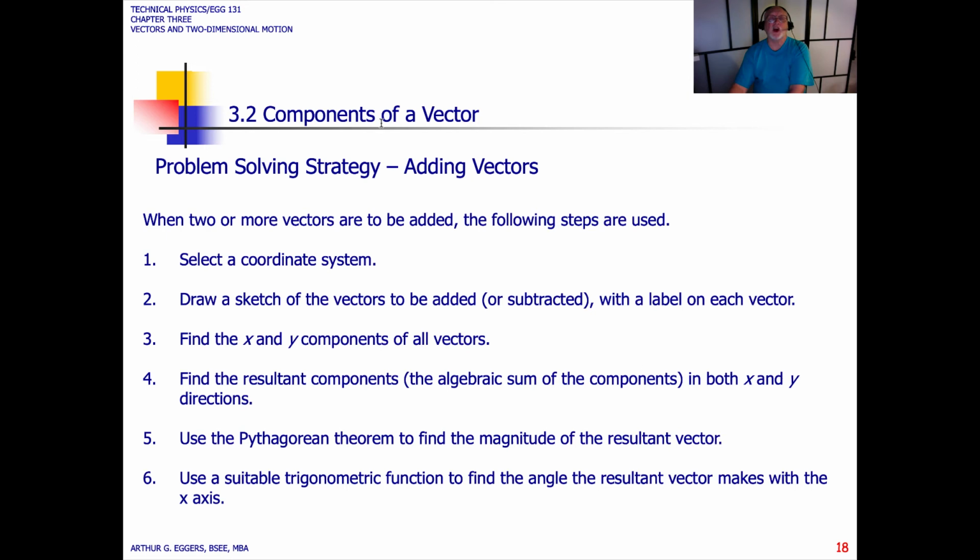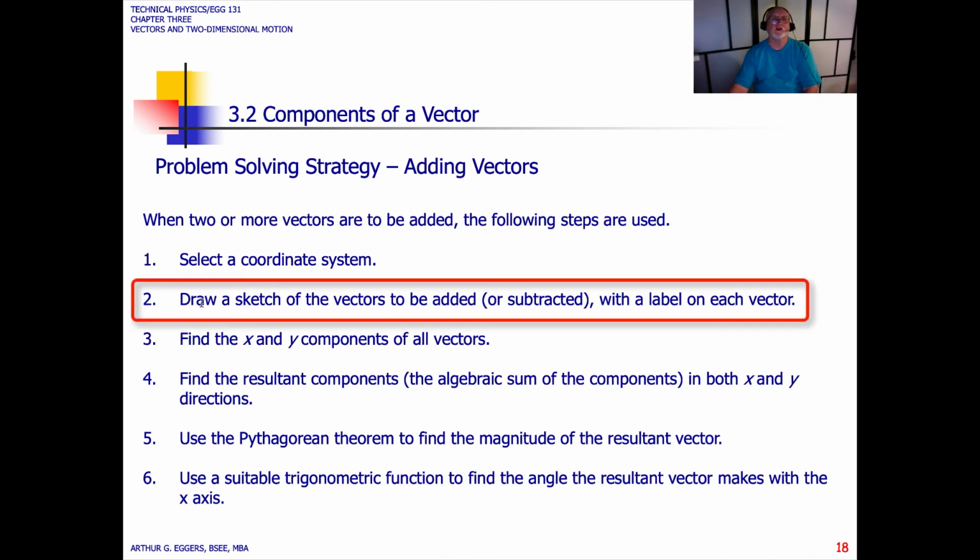So in solving for problems that look like this, the problem-solving strategy for adding vectors together is, when two or more vectors are to be added, the following steps are used. First, select a coordinate system. Sometimes it's easy to start with rectangular or Cartesian and then move to polar or vice versa. Draw a sketch of the vectors to be added or subtracted and label each vector, okay?